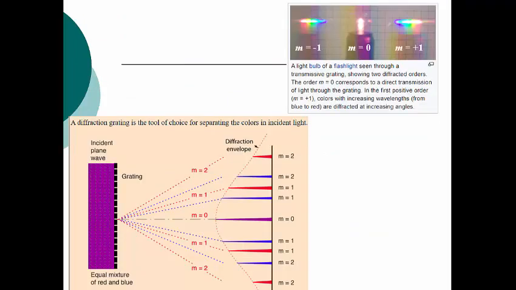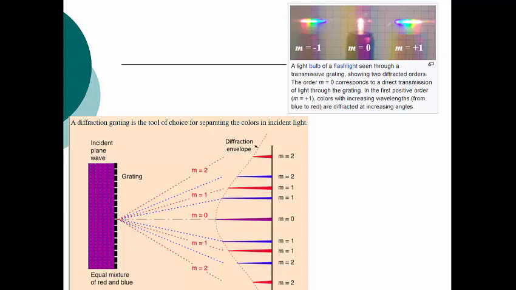Here are some even more interesting pictures. Here's just a real picture where we have a light source, so that's n equal to 0, and here's our Roy G. Biv and Roy G. Biv again, our n equals 1 and n equals 1, depending on which direction we look at it.